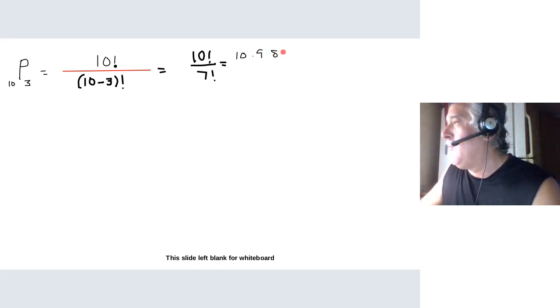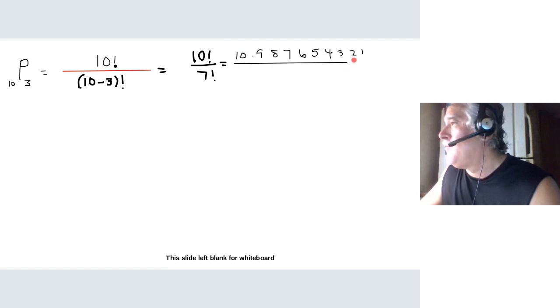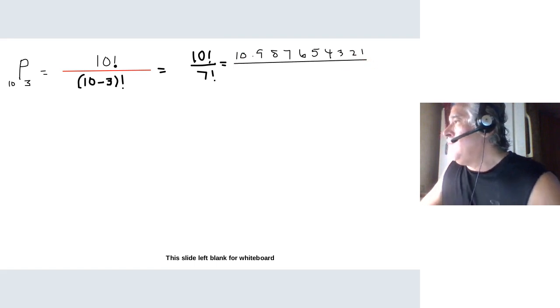I'm going to come back and put the dots in there, because these are being multiplied, because that's the definition of a factorial. And then down here, it's just 7 factorial. It's 7, 6, 5, 4.